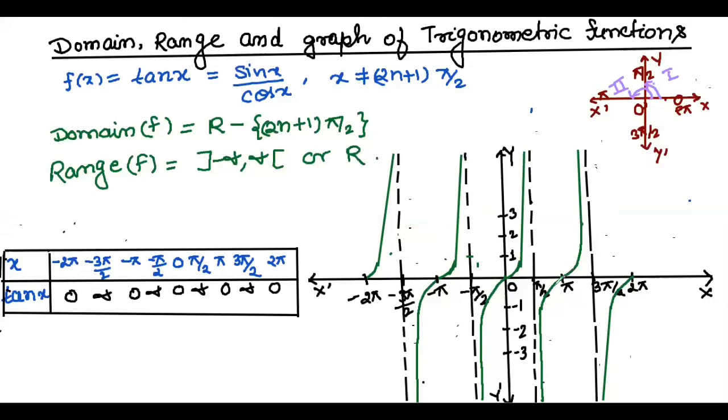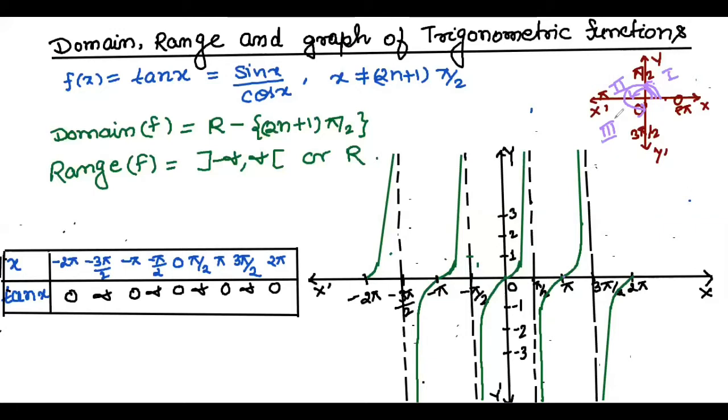Tan π is 0 and tan of π/2 is infinity. Now in the third quadrant, in between π and 3π/2, tan x increases from 0 to infinity.